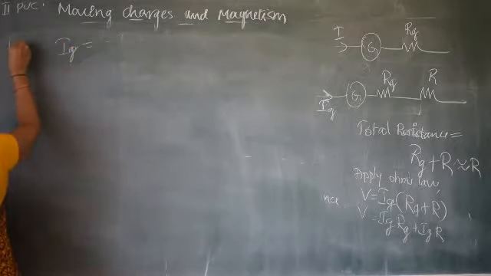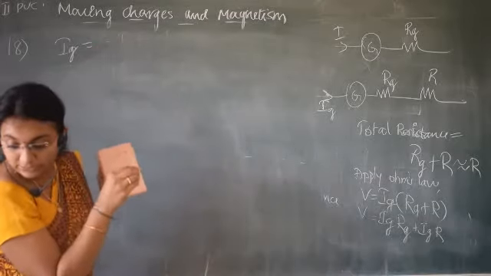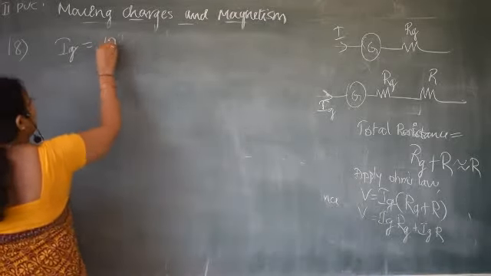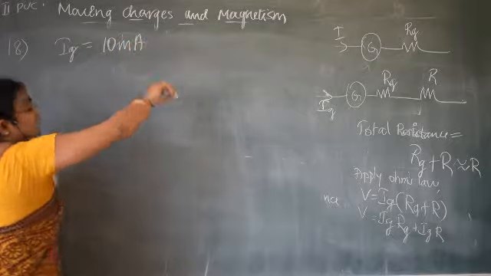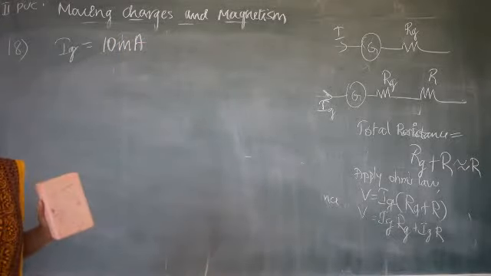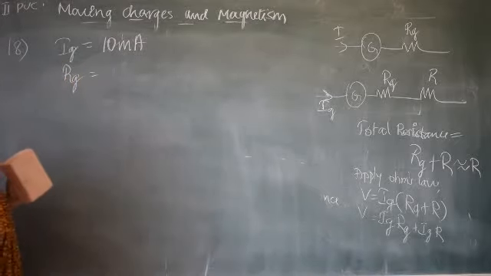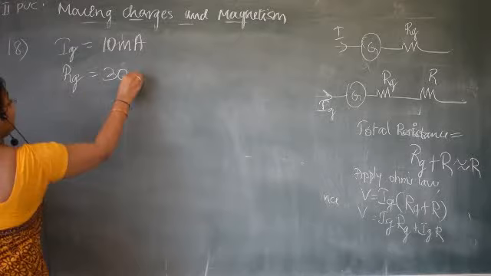Question number 18, correct? Full scale deflection for how much current? 10 milliampere. So Ig is equal to 10 milliampere. Galvanometer resistance means Rg is equal to how much? 30 ohm.